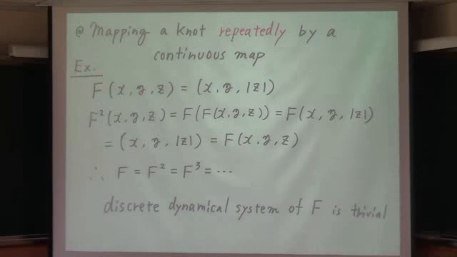So let me show first this folding map. If we map twice by F, I mean, this F2 means the composition of F and F. Then, since F of xyz is xy absolute value of z, the twice of absolute value of z is equal to the absolute value of z. So we see F of this is the same.